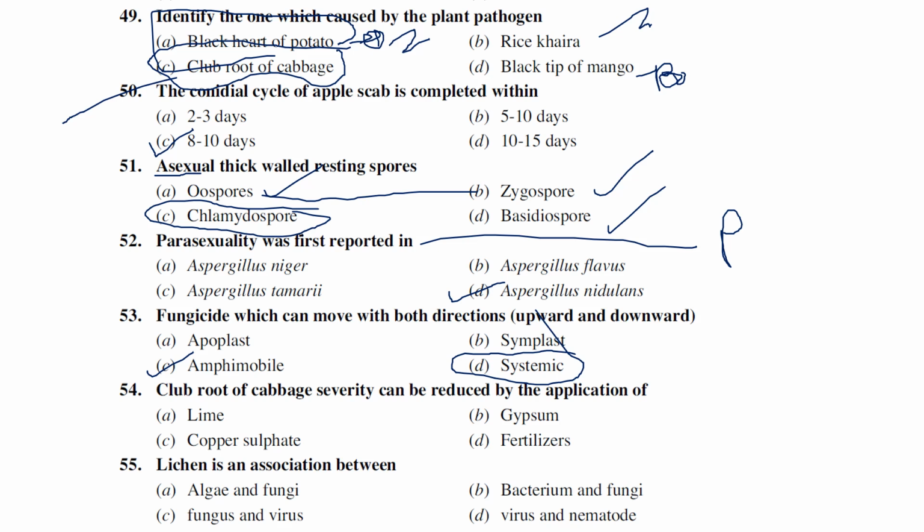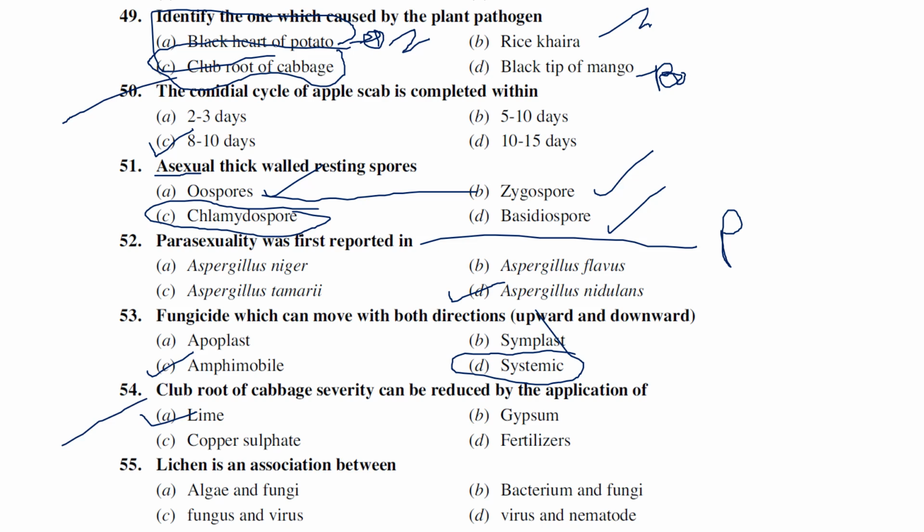So the next one is the clubroot pathogen. Clubroot pathogen severity can be reduced by the application of what? The severity of clubroot can be managed by the application of lime. So 2.5 tons of lime per hectare can be recommended. The life cycle of the clubroot pathogen was discovered by Woronin in 1877.